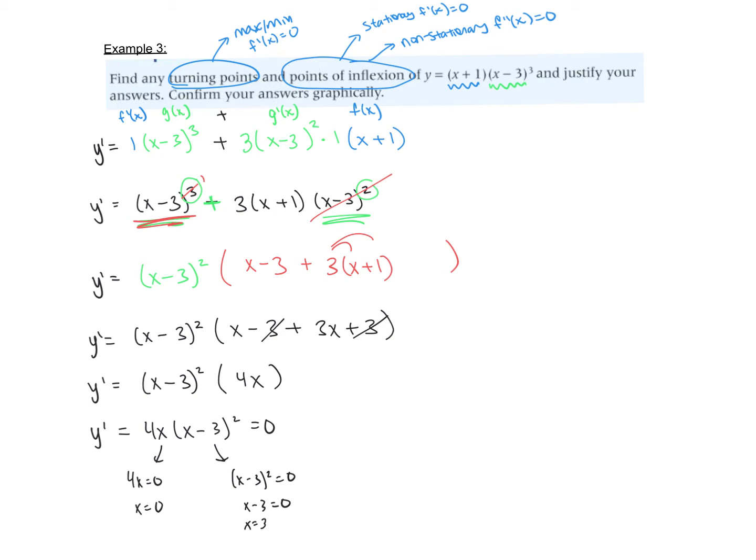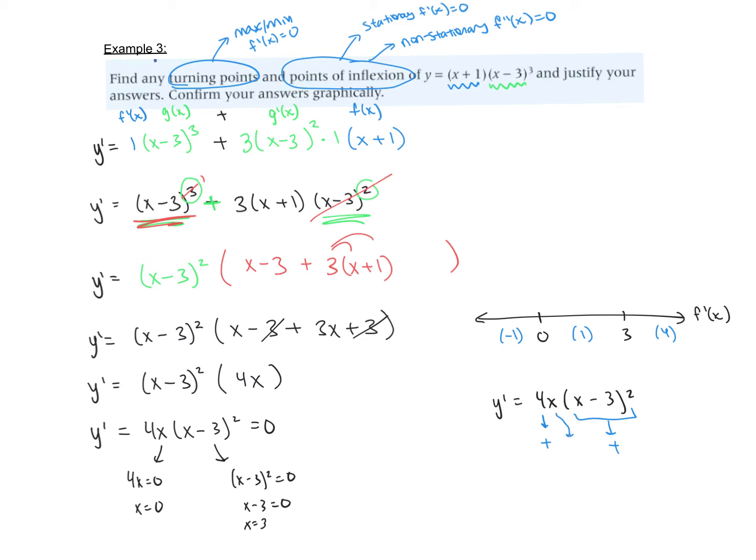Okay, so let's make our sign diagram. For that, we're going to have 0 and 3. We always plug into our derivative. So I'm going to plug in, for example, -1, 1, and 4. Okay, 4 is always positive. This is always positive because it's squared. So it's really just what we plug in.